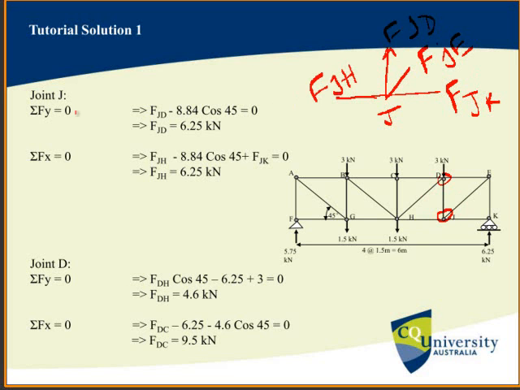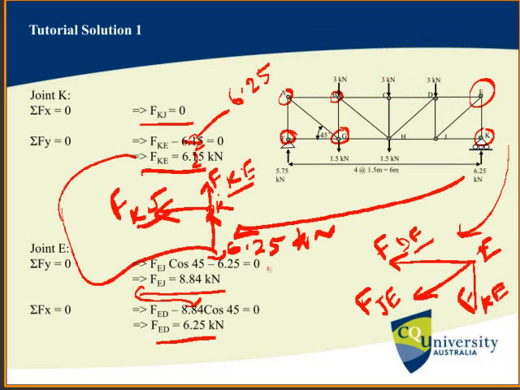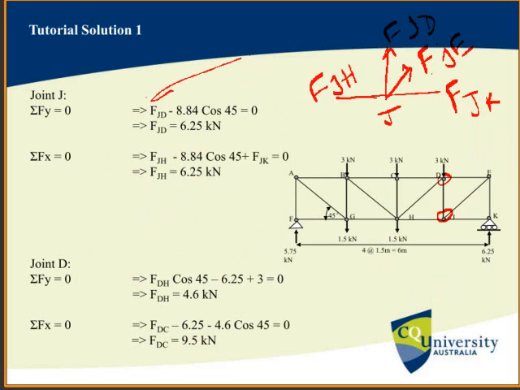In this case, if we consider the equilibrium equation for the vertical forces, we have to take the forces FJD and the vertical component of the forces of FJE. We already know the value of FJE from our previous equation, 8.84. Okay. Just put the value of FJE and calculate this for FJD. The result will be 6.25 for FJD.